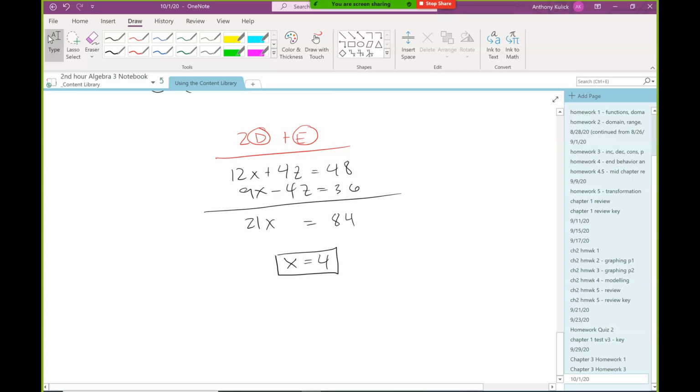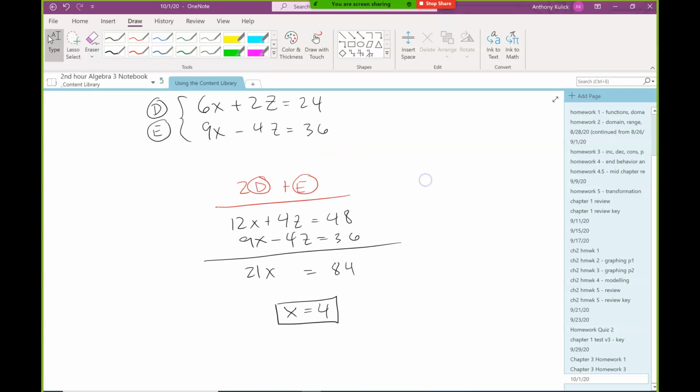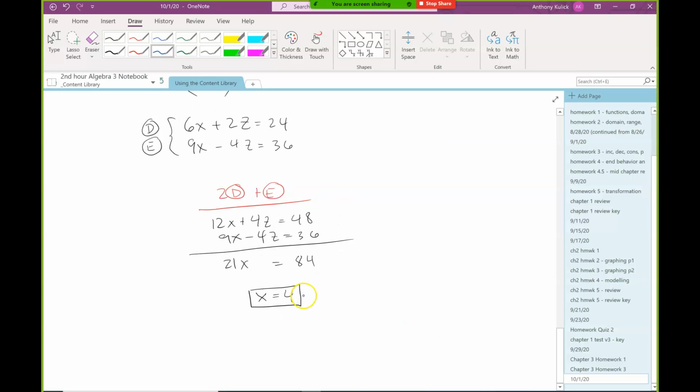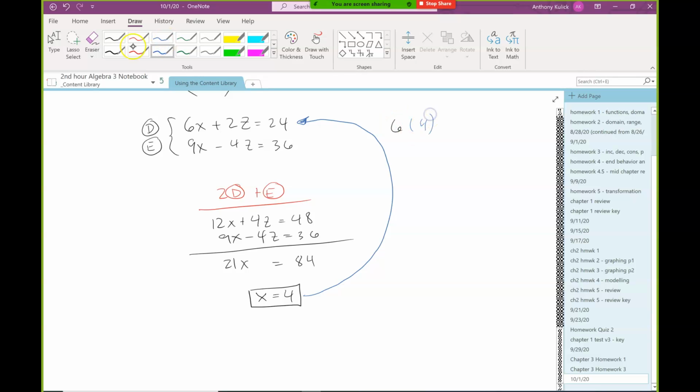Okay. So we have our first part of our answer, right? To find our second part of our answer, we're going to go back and plug our x into either equation D or equation E. I would pick equation D because the numbers are a little bit smaller, so it's a little less tedious, but not so much so that it really makes much of a difference.